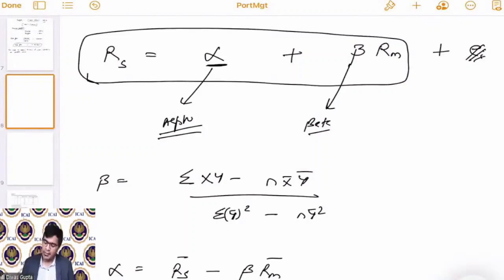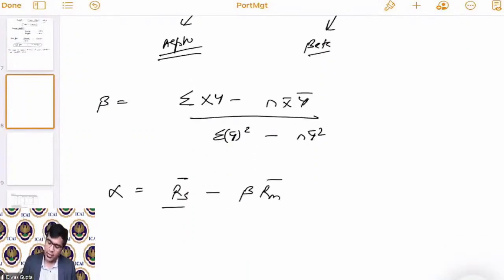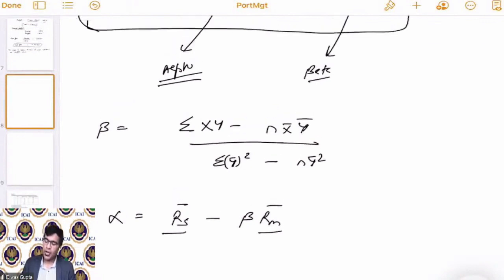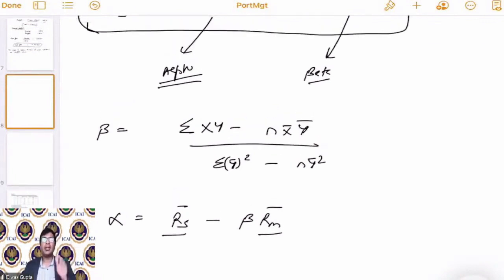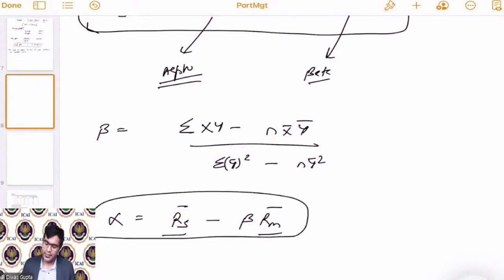Both of these numbers are calculated on averages for the past data that is given. Why do we do that? Because for calculating alpha, we have to study the movement for the past, let's say 5 years, 10 years, or the historical data. After that, we just take the simple averages of both of them and calculate the alpha here.